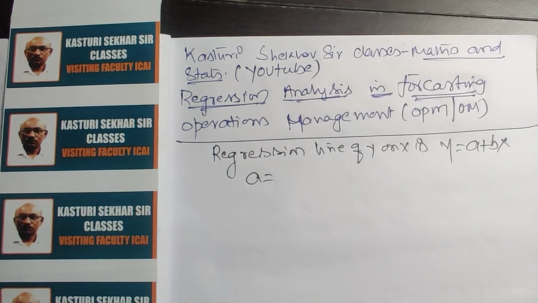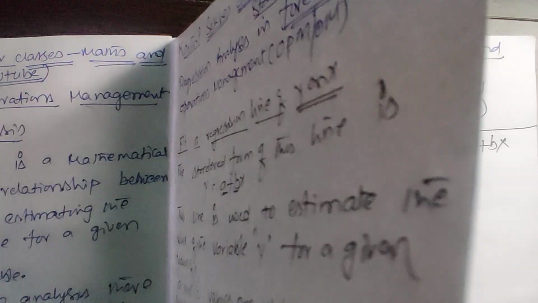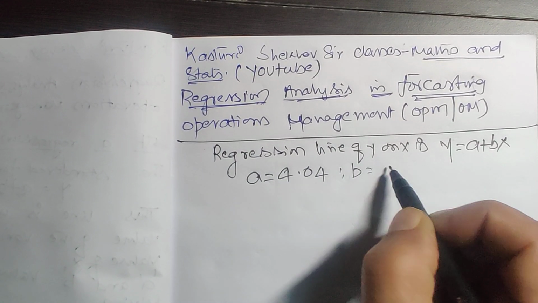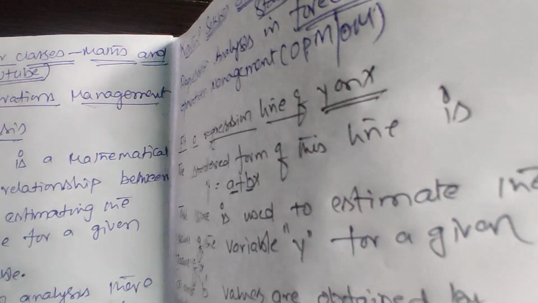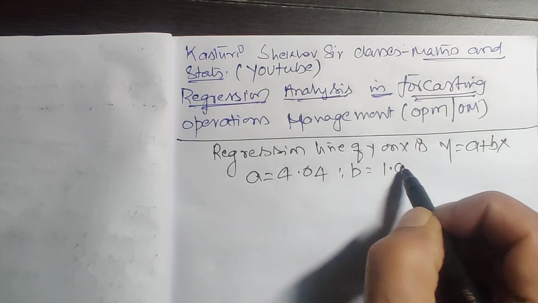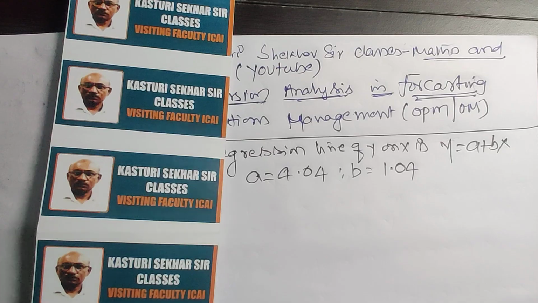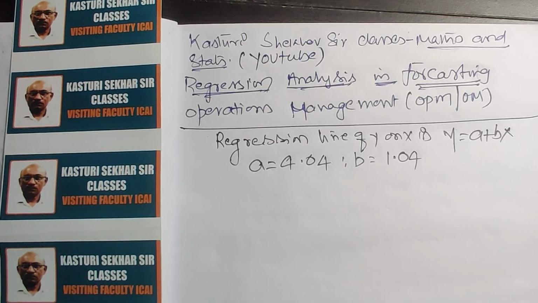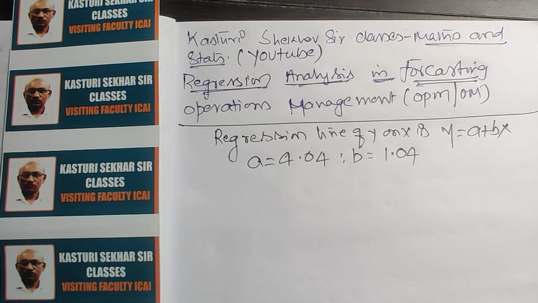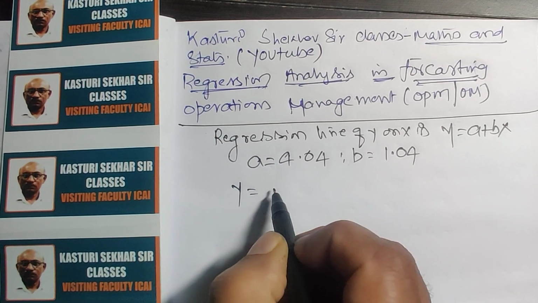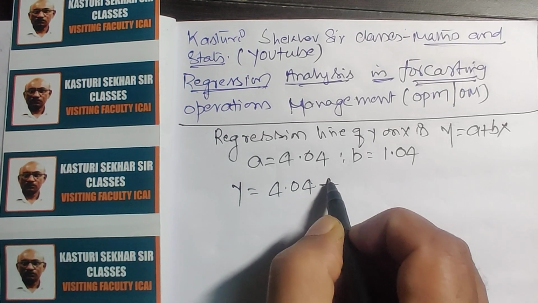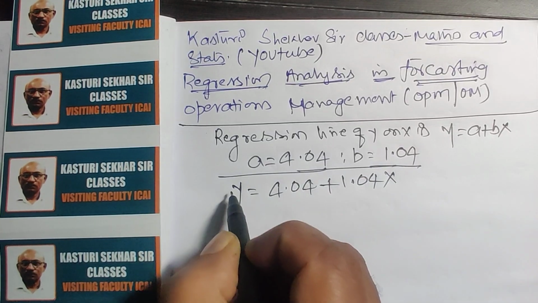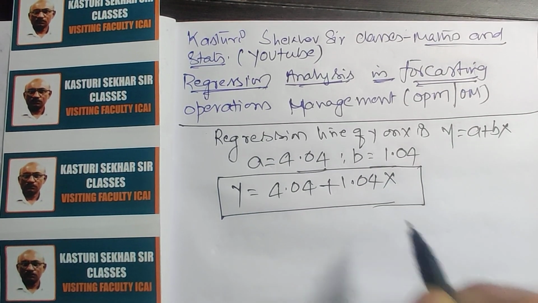Now what value is obtained for a? A is equal to 4.04. B is equal to 1.04. So 4.04 plus 1.04 into x. This is the required regression line of y on x.